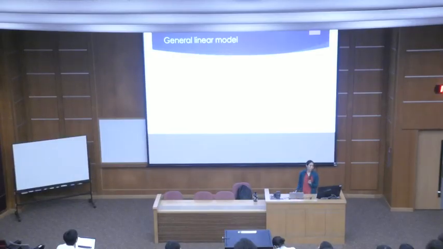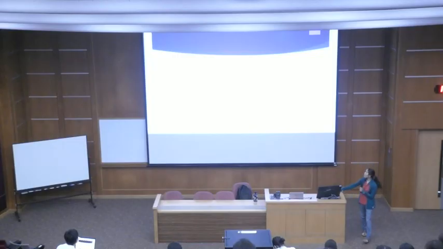So the differences between means can be represented in terms of linear models, where the slope, B1, is the difference between that group's mean and the mean of your control group.